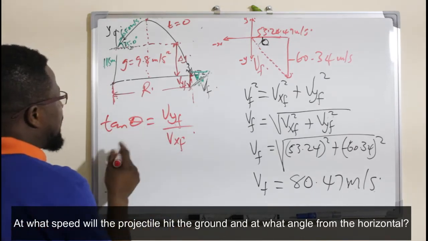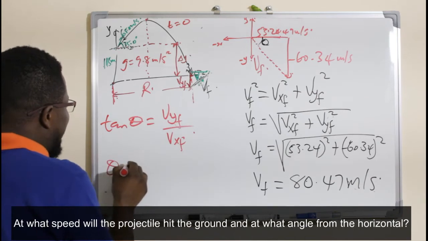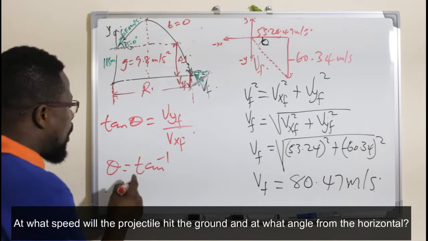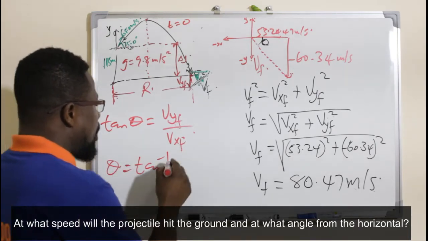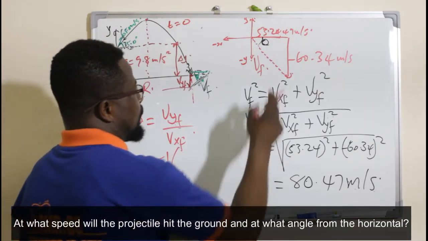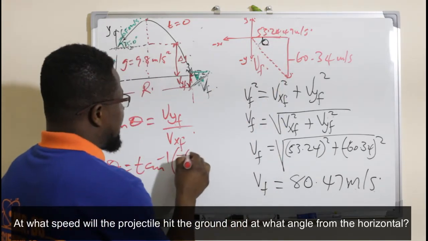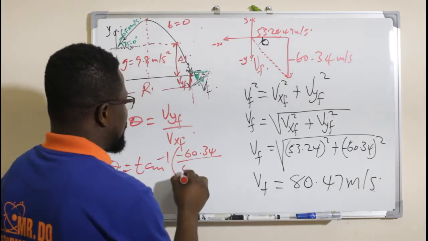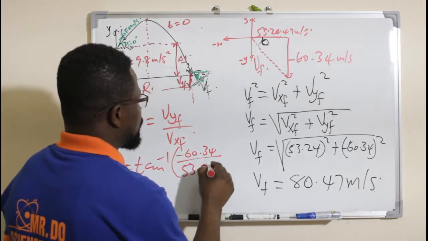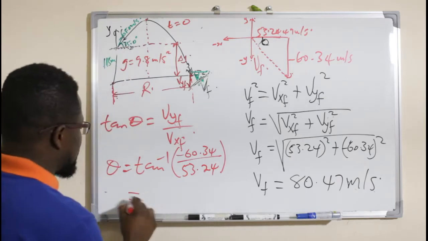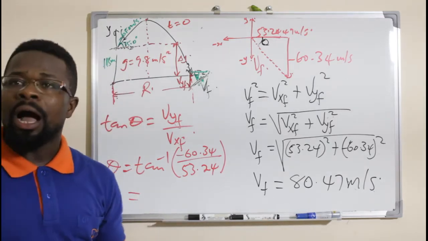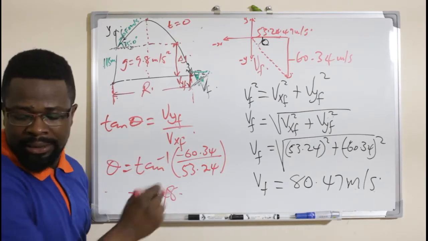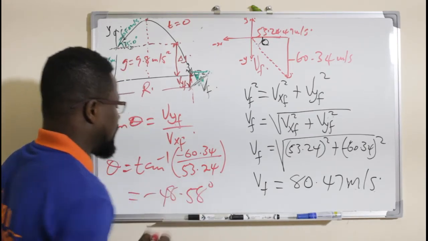And then let's do that quickly. This will simply become, we're going to do the substitution. So theta is now arctan, or the tan inverse, of the values that we were given. That is negative 60.34 divided by 53.24. And then let's check it and see what we're going to get for our answer. We're going to have negative 48.58 degrees.